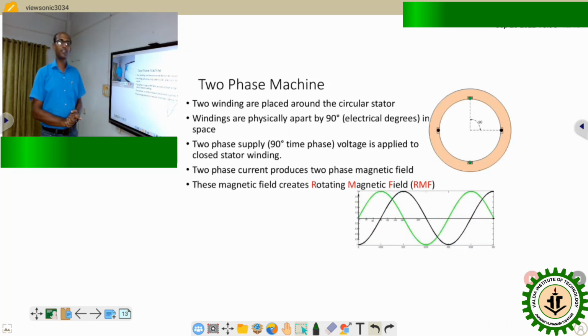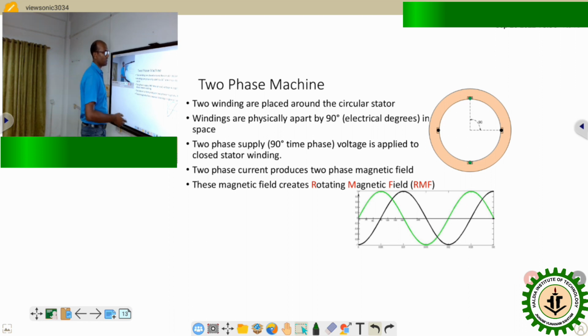Now we try to understand the same rotating magnetic field in a two-phase machine. In a two-phase machine, there are only two windings.